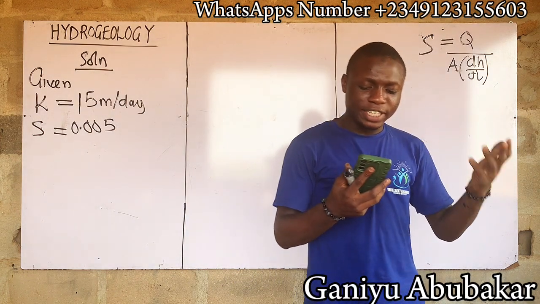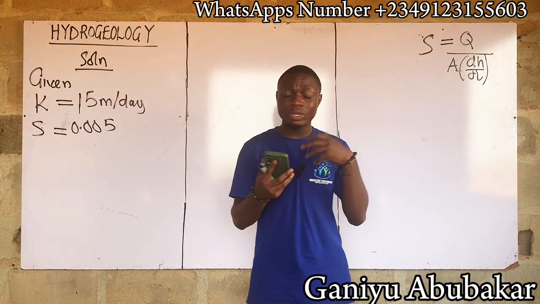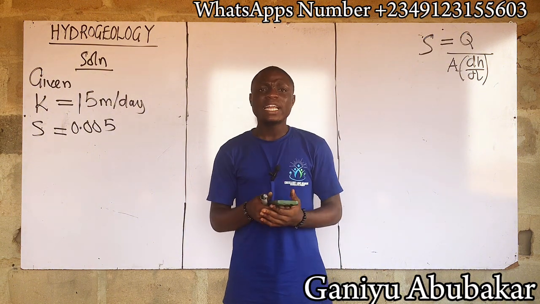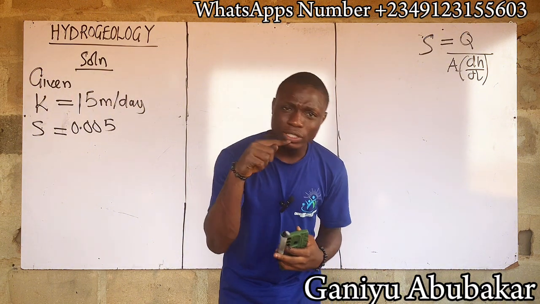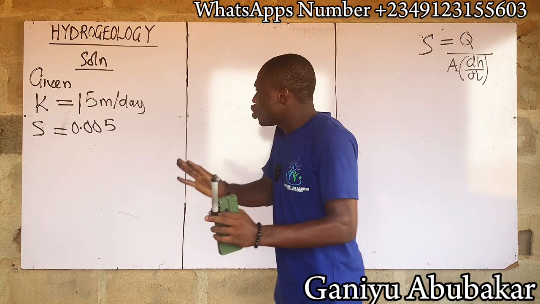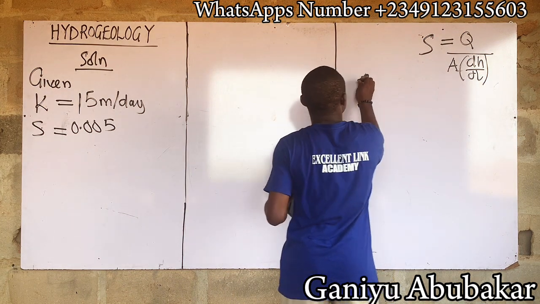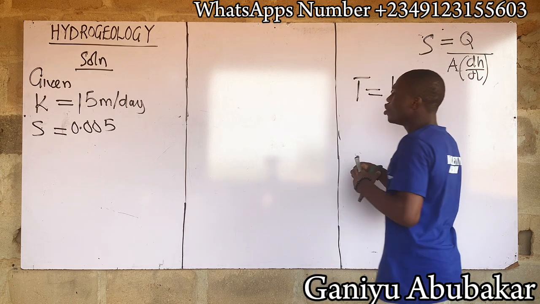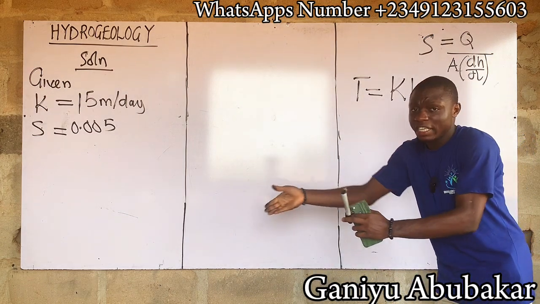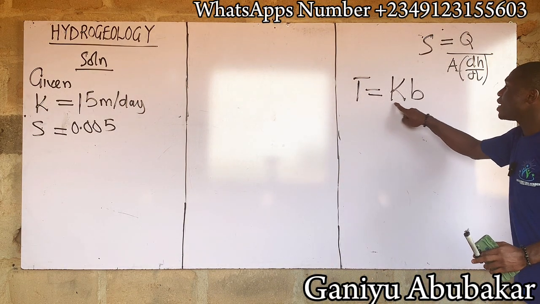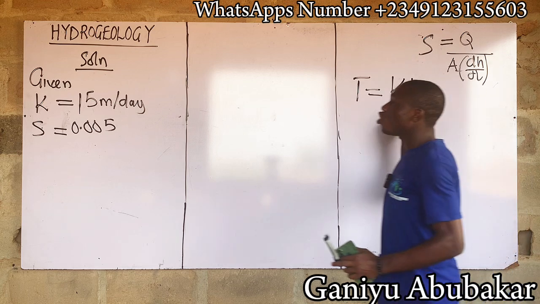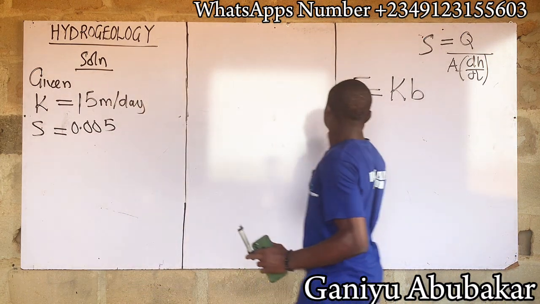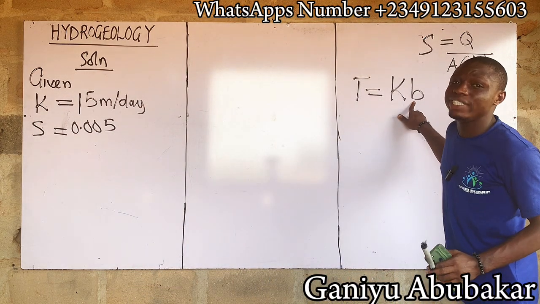The question says the aquifer is 20 meter thick. Now listen up, go back to your concept. Note that transmissivity is equal to KB. K is called hydraulic conductivity, times B, which is called thickness.